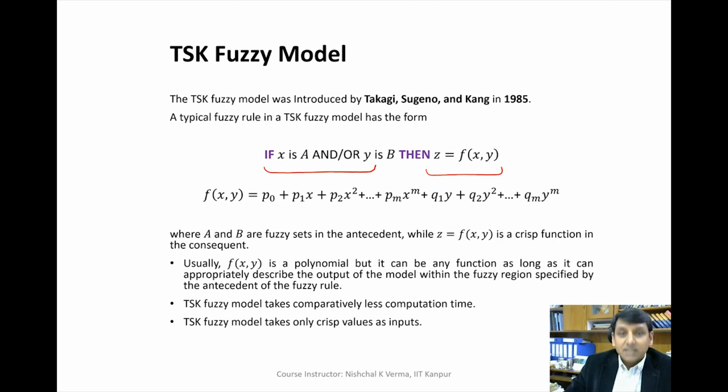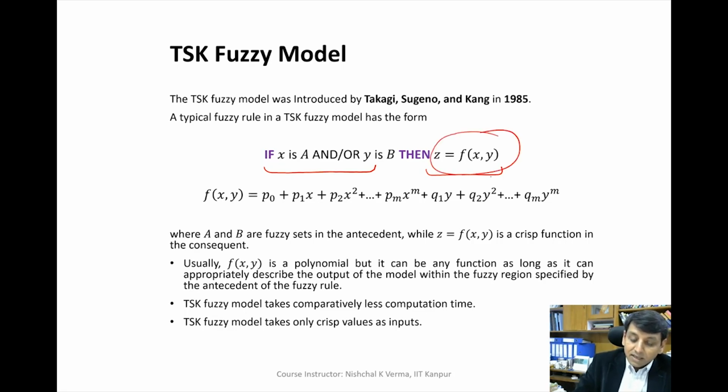Here also the premise part is fuzzy. It may have either a single antecedent or multiple antecedents. Whereas when it comes to the consequent part, here there is a significant difference. What is this difference?